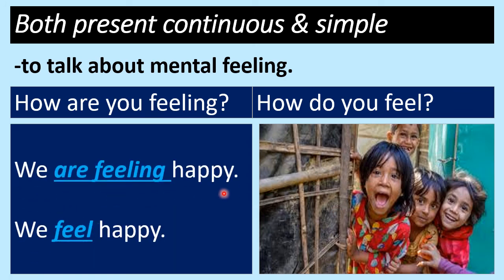We are feeling happy and we feel happy. In the first sentence, I've used present continuous form, and in the second sentence, I have used present simple form. Both examples are correct. We can use both present continuous and present indefinite to talk about the mental and physical condition.